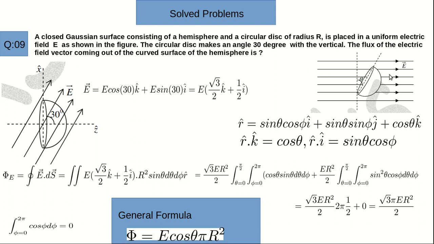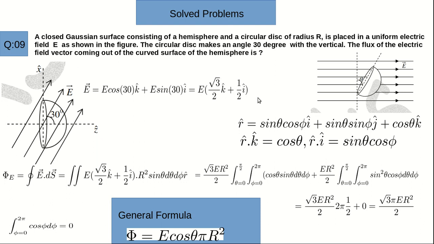The electric field is making an angle of 30 degrees with this. If you take the component along the z axis and x axis, it will be E cos theta along the z axis and E sin theta along the x axis. What we are doing is, this is our original picture, and we are transforming the picture into this, such that we can take the components. So the electric field will be E into root 3 by 2 k cap plus half of i cap.